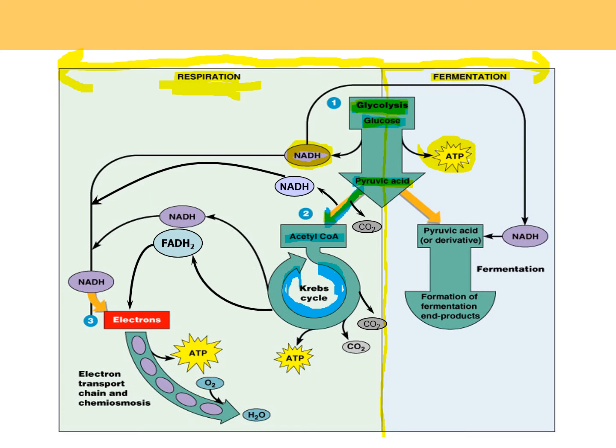Okay. And along the way, during glycolysis, NADH and ATP are produced. In pyruvate oxidation, NADH is produced. In the Krebs cycle, ATP, NADH, and FADH2 are produced.